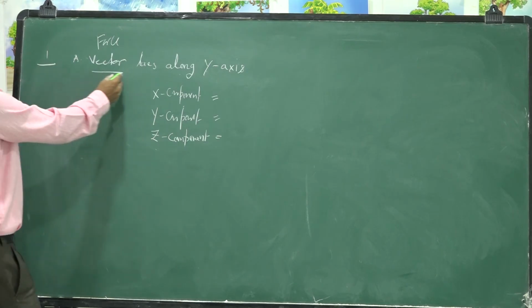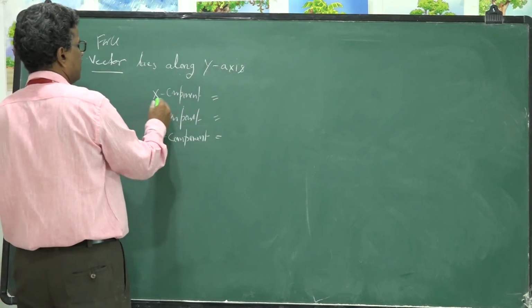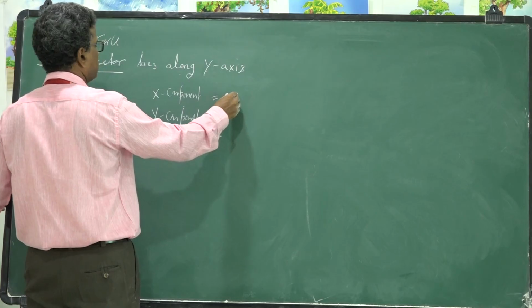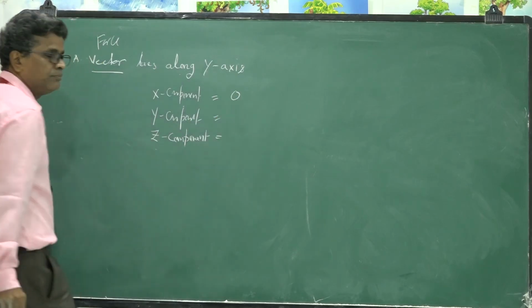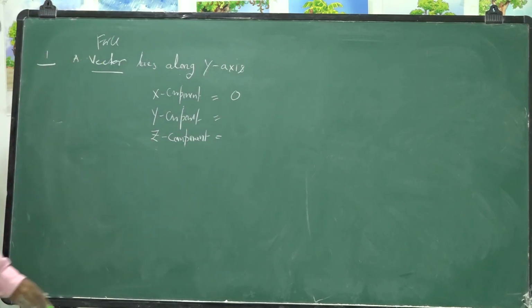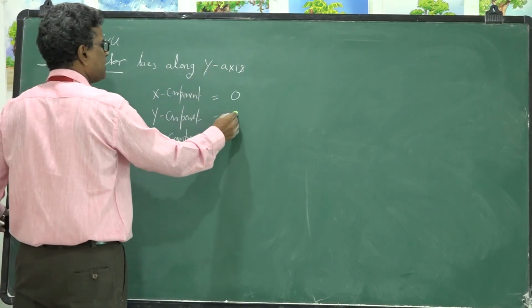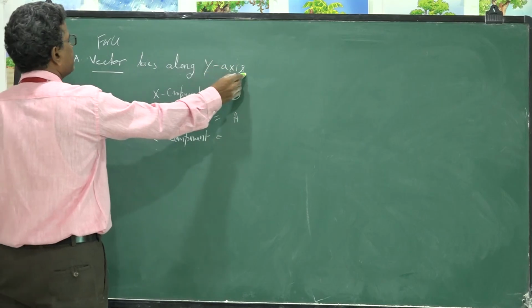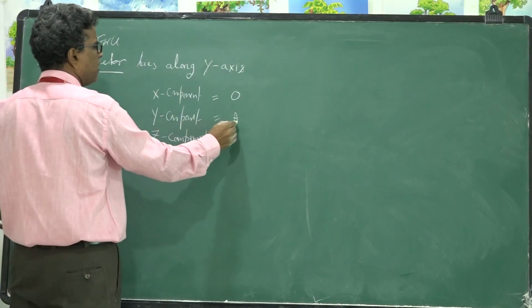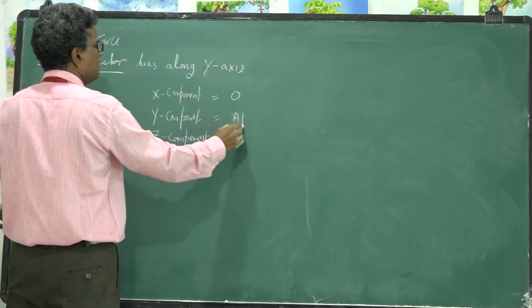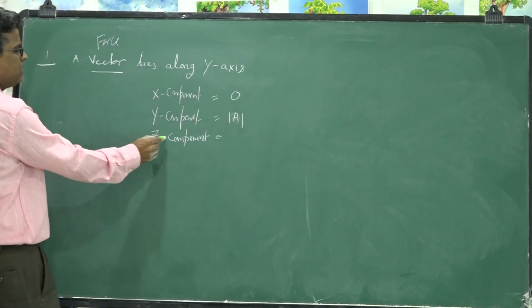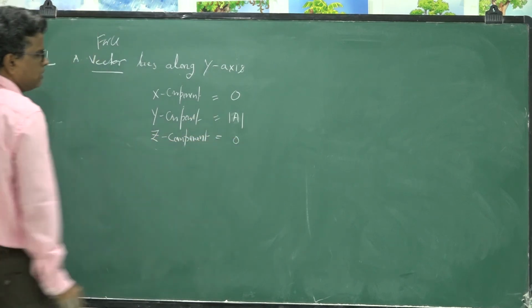Answer: 0. What is its y component? It lies along y axis, so it is equal to the magnitude of the vector. What is the z component? It is also 0.